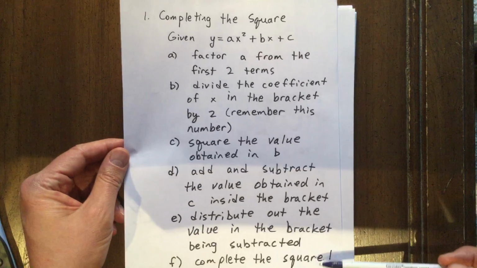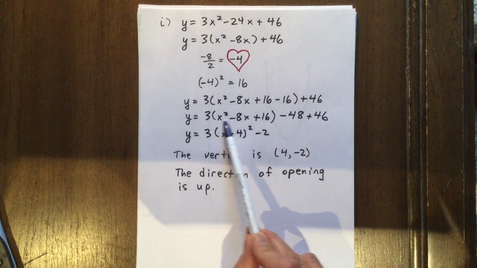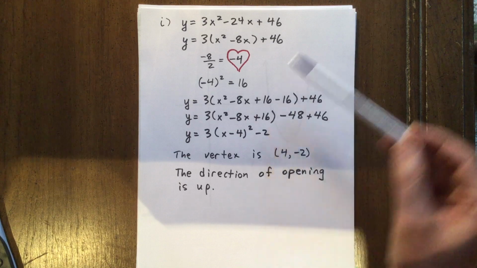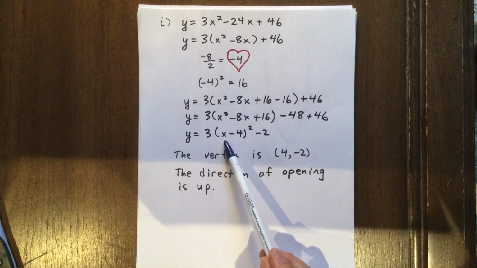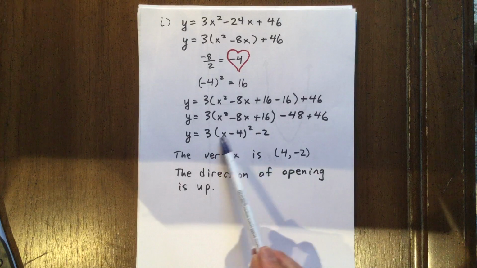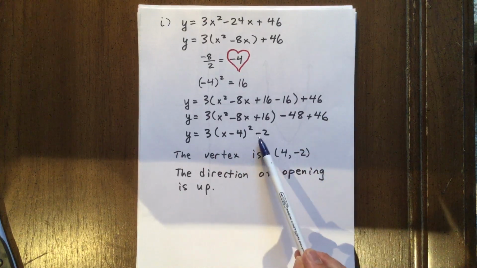And finally, we complete the square. What does that mean? The resulting trinomial in this bracket will be a perfect square. You'll recognize the number that we said to remember earlier, this negative 4. It's actually 3 times x minus 4, quantity squared. And then this minus 48 plus 46 becomes minus 2.